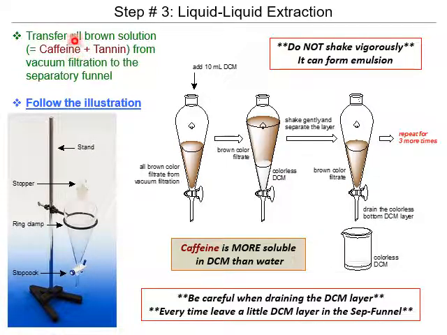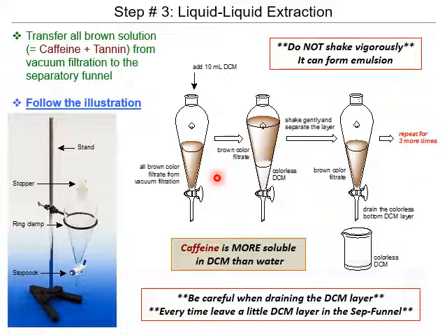But we also know that caffeine might be more soluble in DCM. In fact, it's very soluble in DCM. So by adding DCM, you can read about it in the textbook, the DCM will actually extract the caffeine out of the water that is dissolving the tannin components.